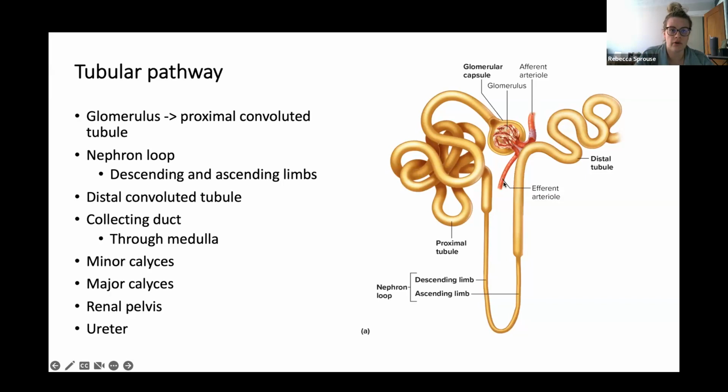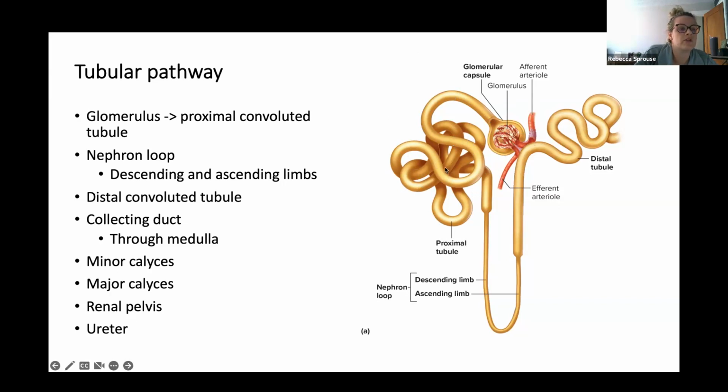Well, how is urine formed, right? Through the tubular pathway. So here's our capsular space where that filtrate will go. The filtrate will enter this twisty turny area called the proximal convoluted tubule, proximal in reference to the glomerulus. So convoluted means very twisted and turned on itself, right?